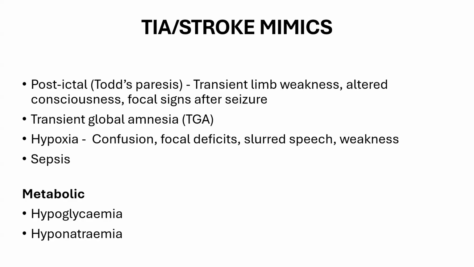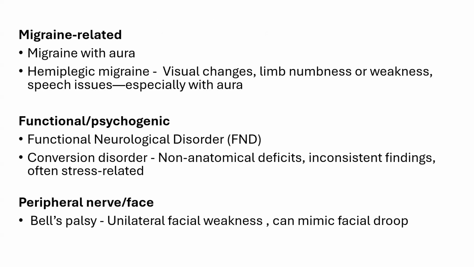So this, of course, is a general list of TIA mimics. Postictal Todd's paralysis, transient global amnesia, hypoxia, sepsis, and metabolic causes such as hypoglycemia and hyponatremia, and migraine-related conditions like hemiplegic migraine or migraine with aura can also mimic a TIA.